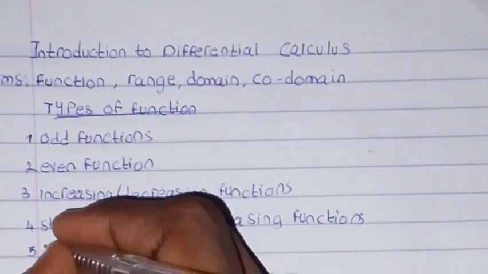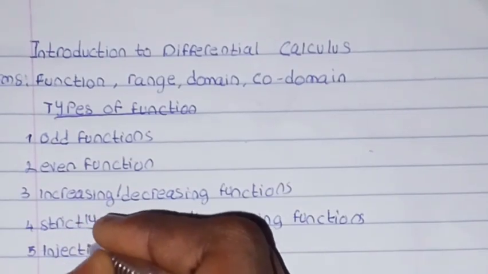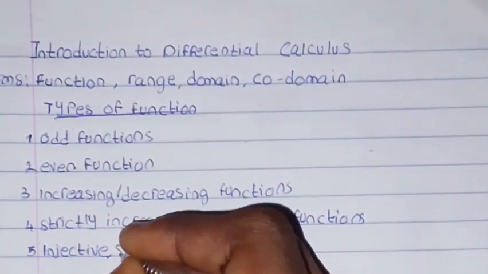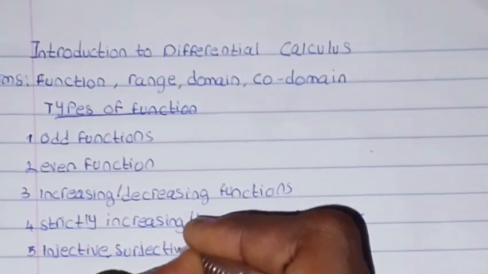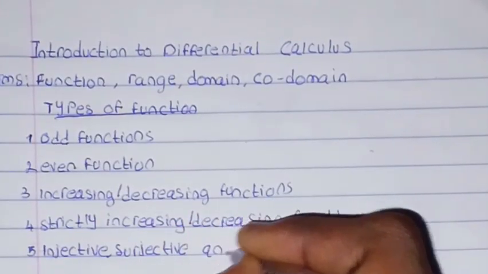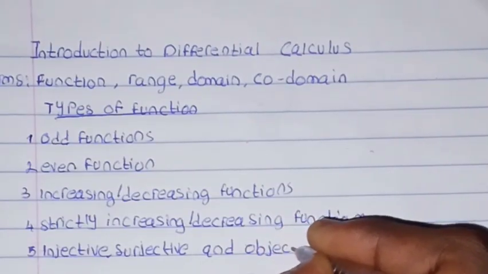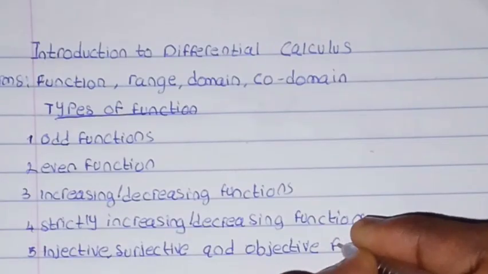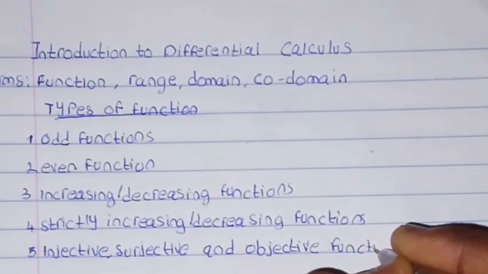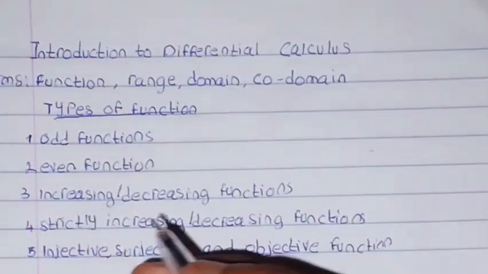Alright, we also have injective, surjective, and bijective functions. Alright, so we're going to take note of that in today's course. First, we'll take the terms, types of functions, then how to find some variables in the functions like your range, your domain, your codomain, and the likes of them.